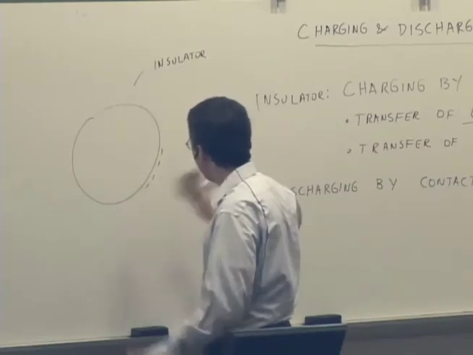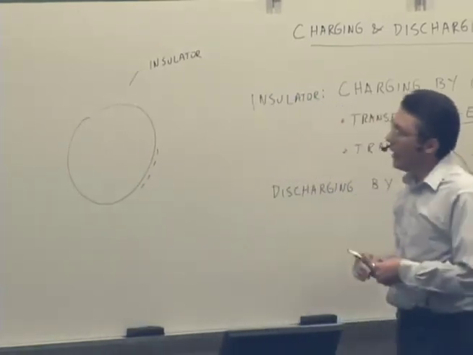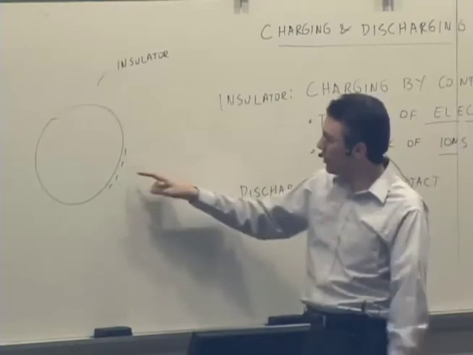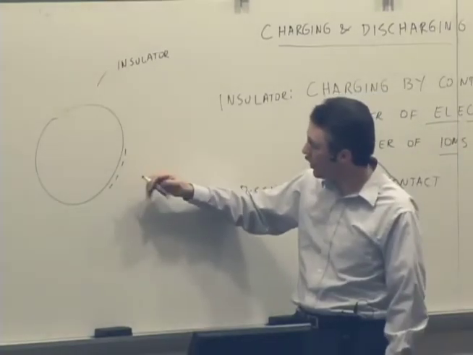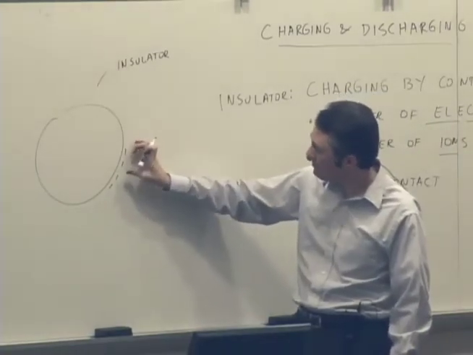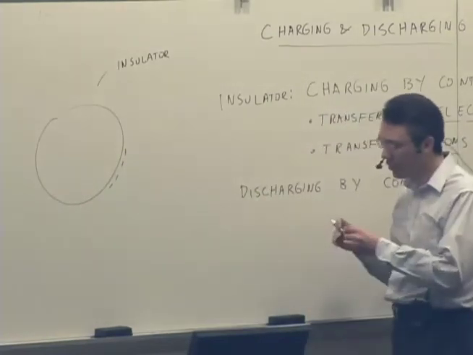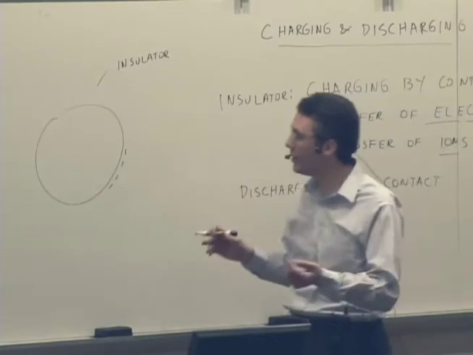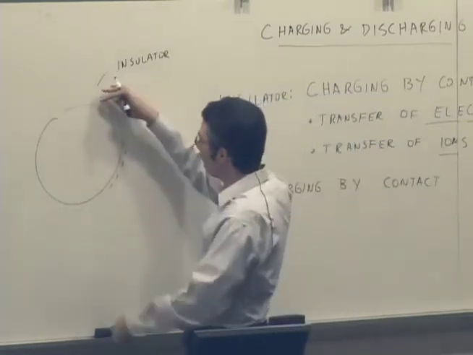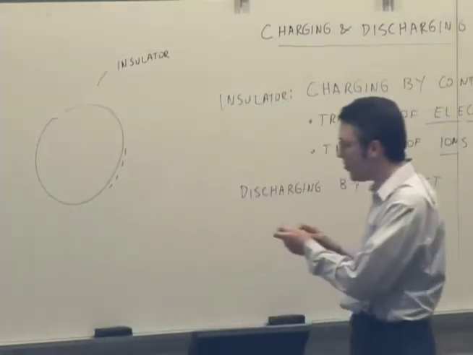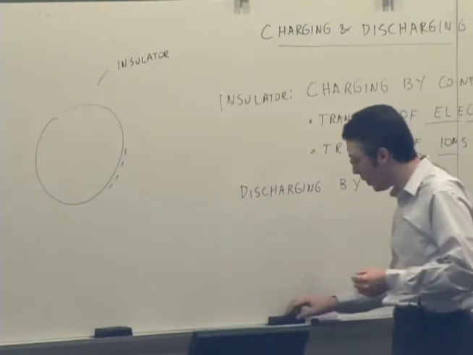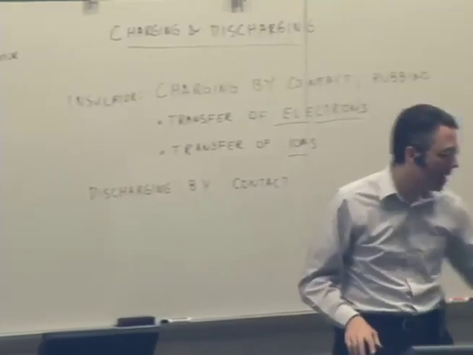We can charge just one piece of it. If you brought an oppositely charged object nearby, you could, if you were able to maintain enough contact, discharge one area, but you can't directly get rid of that charge without some sort of contact.